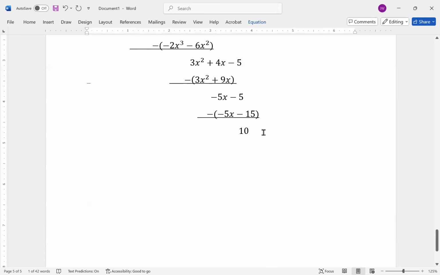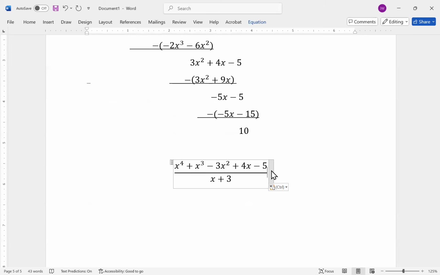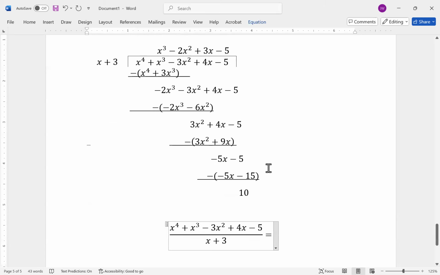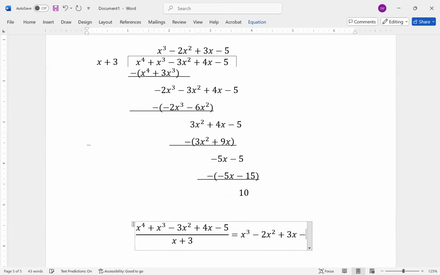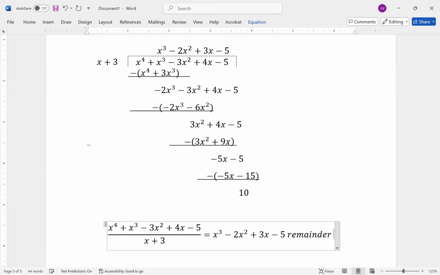So this polynomial is equal to what's on top here, which is x to the third minus 2x squared plus 3x minus 5 plus remainder 10.